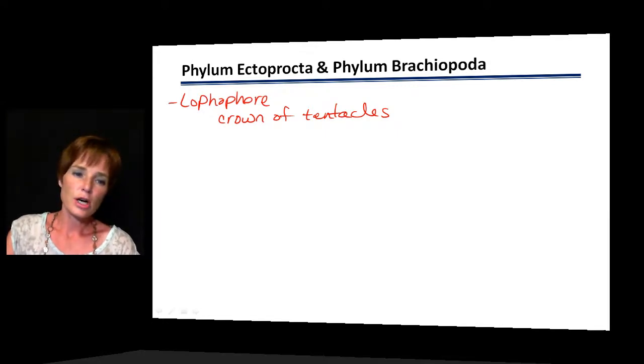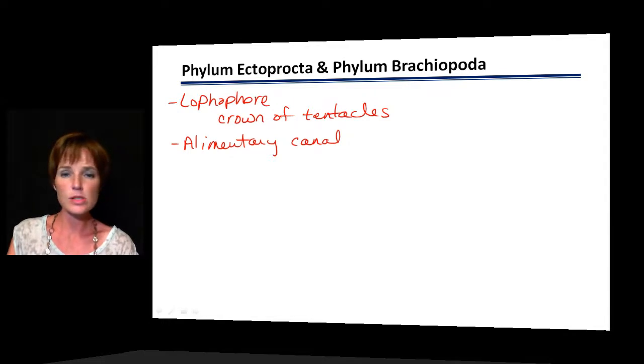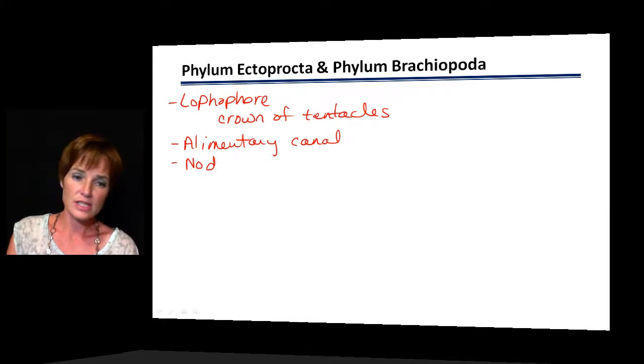These are also going to have that alimentary canal. Again, the alimentary canal is a full digestive tract. So we have two openings, a mouth and an anus. In these two groups, there's no distinct head, and they're going to be sessile.